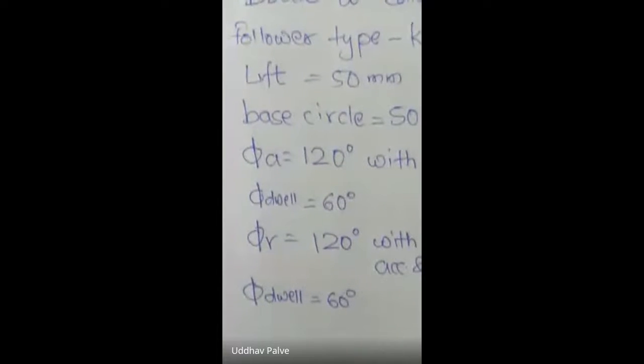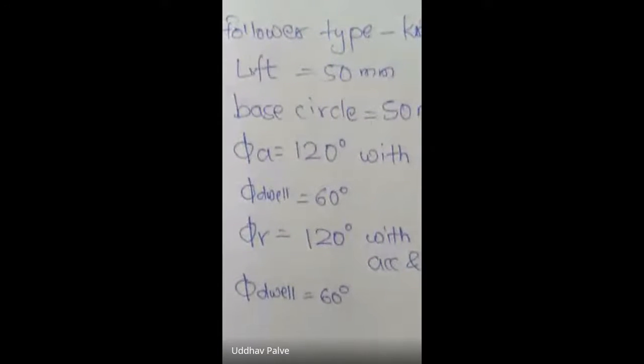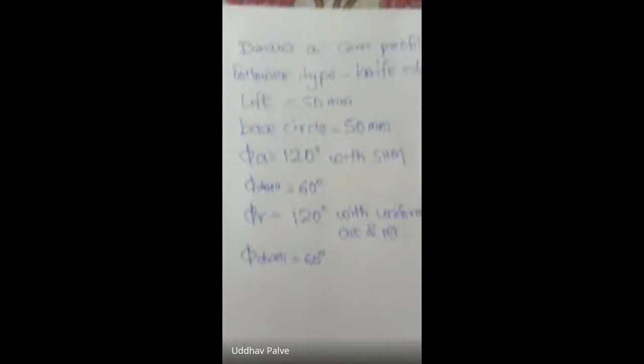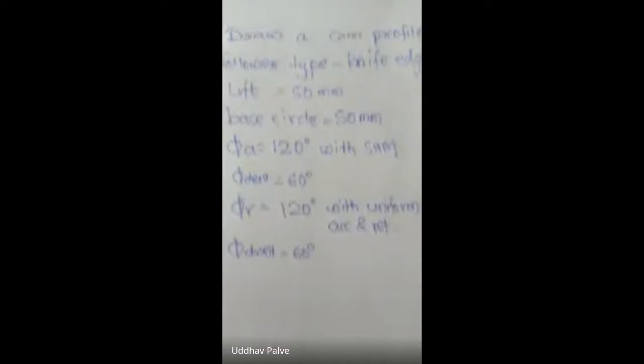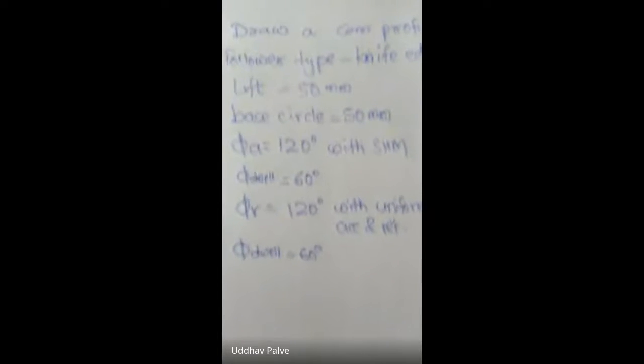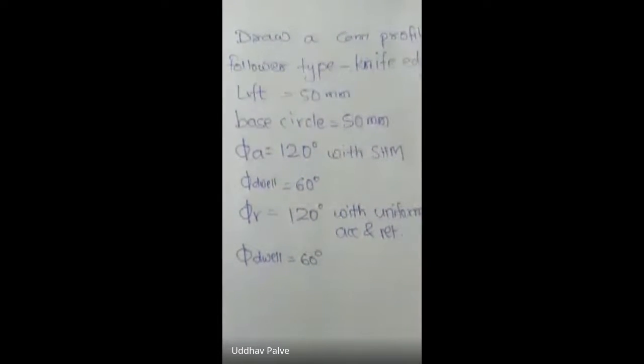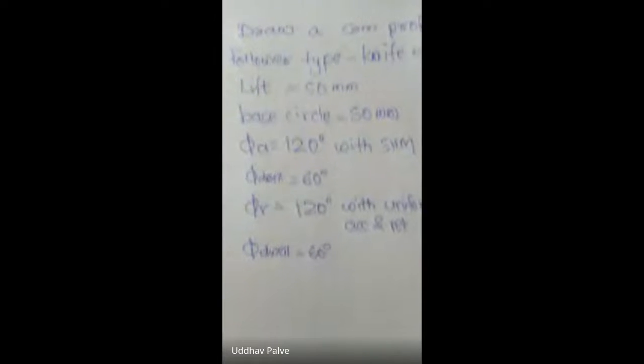Then there is a dwell, that means the follower remains at its topmost position for the next 60 degrees of cam rotation. Then the follower returns to its initial position with uniform acceleration and retardation, and after that it remains at its lowest position for the next 60 degrees. So we have to draw a cam profile for these particular conditions.